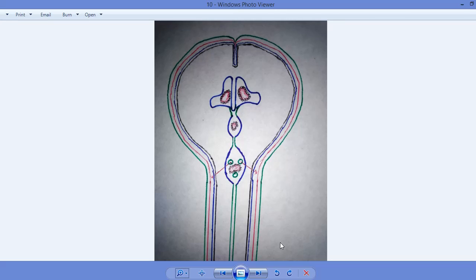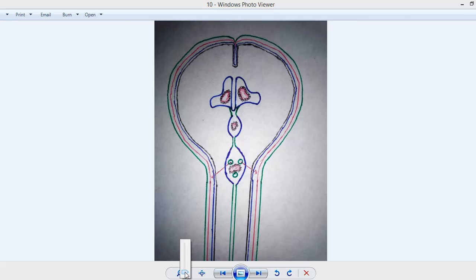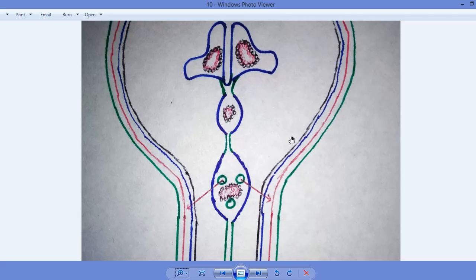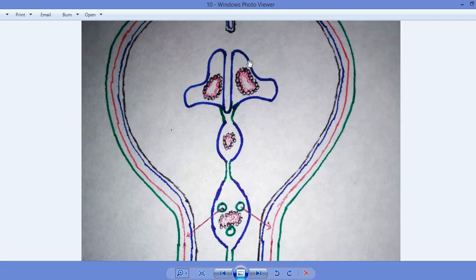Now in this diagram, we can see where the cerebrospinal fluid formation occurs. It occurs in these clusters of capillaries, a bunch of capillaries. These bunches of capillaries are there in the third ventricle, the fourth ventricle, and the lateral ventricles.